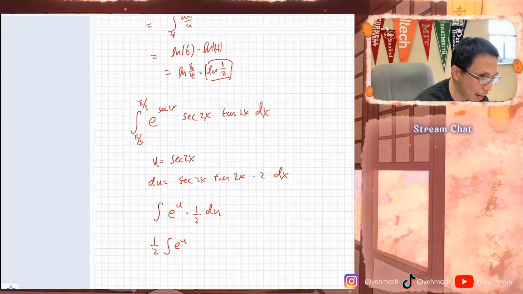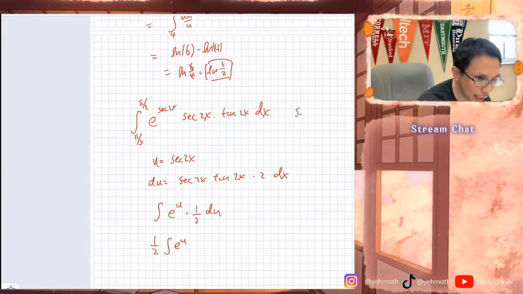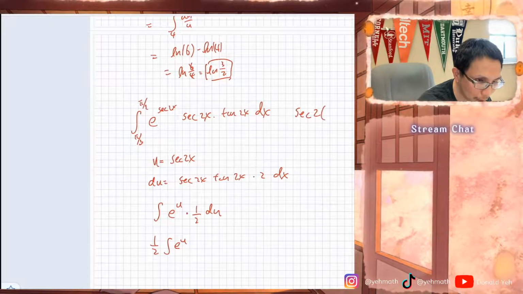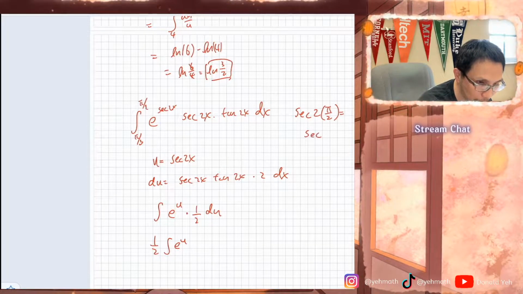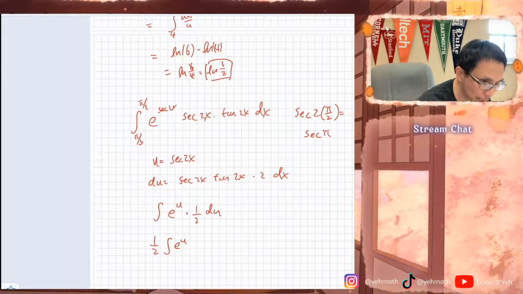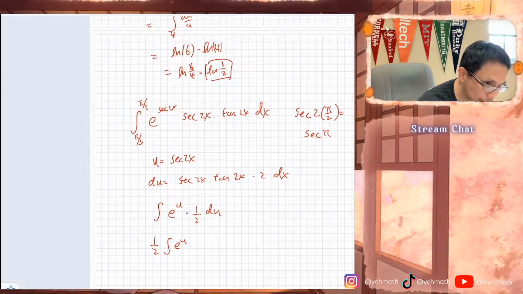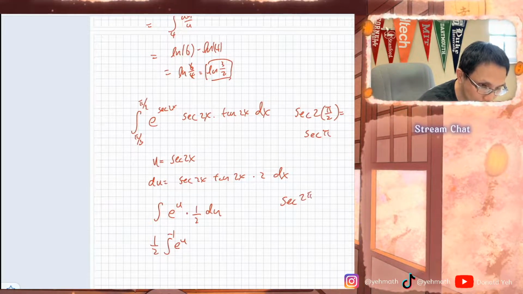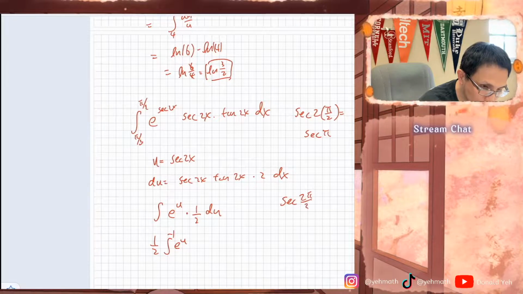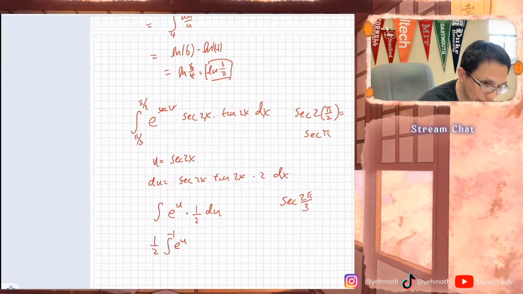Now I have to change the boundary. So secant of 2 times pi over 2 is equal to secant of pi. Secant of pi is what? It's -1, right? And secant of 2 pi over 3 is going to give you a -2.